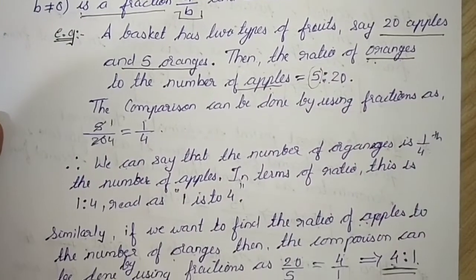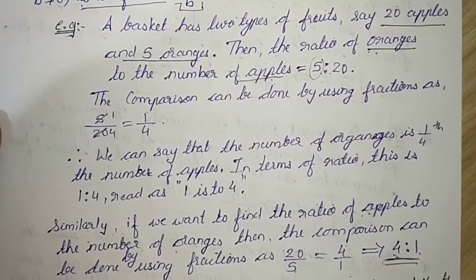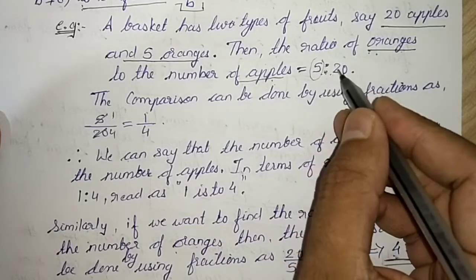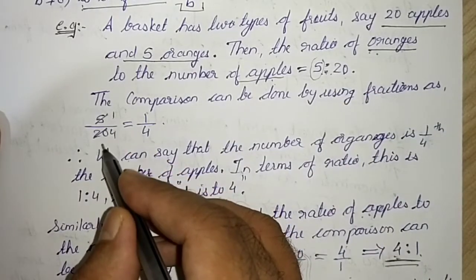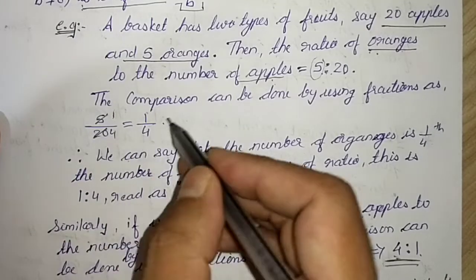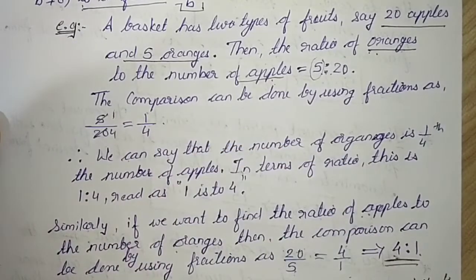Now we will compare and see what is the number of oranges to the number of apples. For doing so, what will we do? We will place this in the fraction form 5 is to 20, and then cut: 5 1s are 5, 5 4s are 20, so we will get 1 by 4.